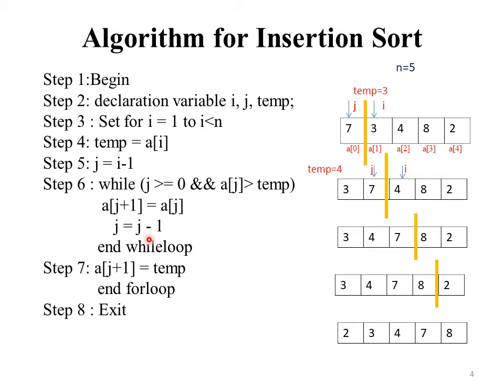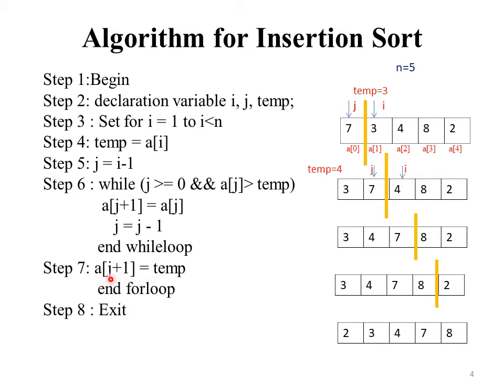Now we check the condition, that is j is greater than or equal to 0, but the value of j is minus 1. So minus 1 greater than or equal to 0, this condition is false, and the while loop ends and we go directly to step 7. In step 7, a of j plus 1 is equal to temp.